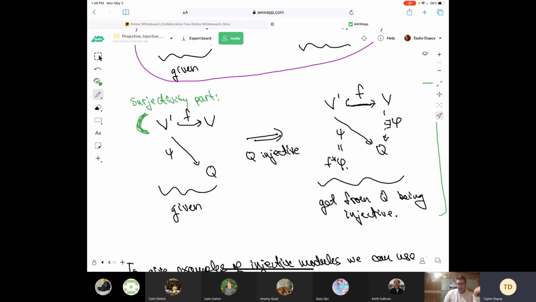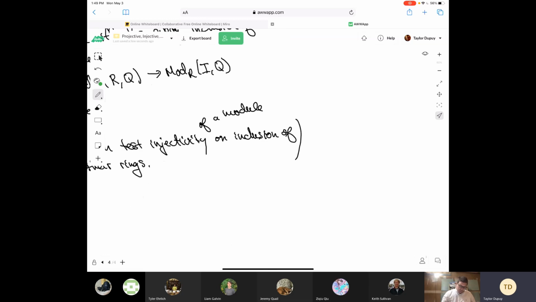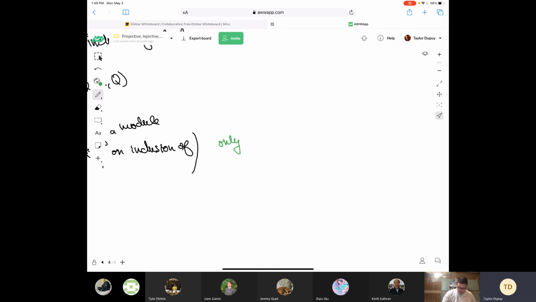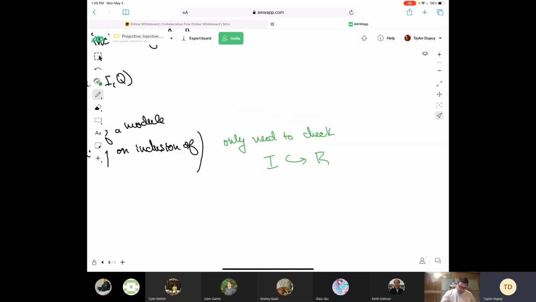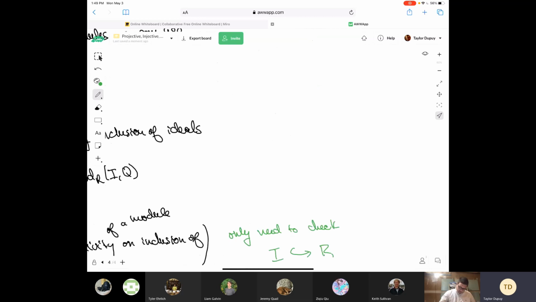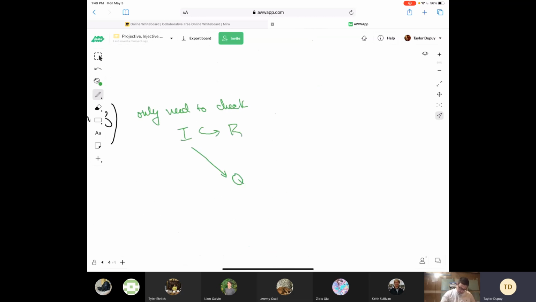You don't have to test every V prime into V; you only need to test I into R. So if you have I into R and a map to Q, then there exists some map extending it. You would think you'd have to check every injective map of R modules, but you only need to check it on ideals.